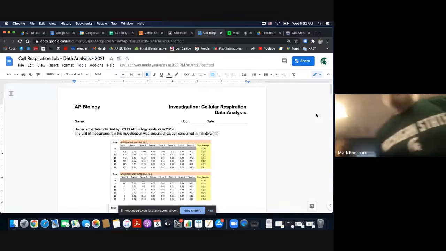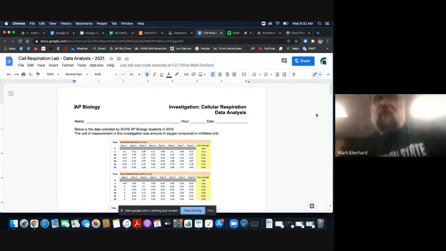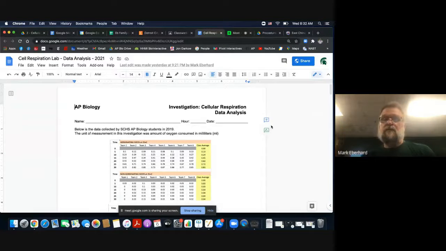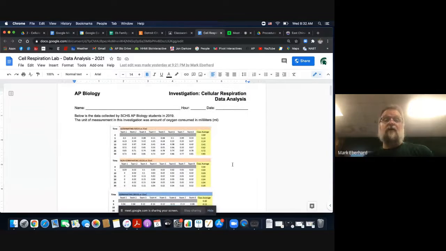All right, so what you're seeing right here, as it says, is below is the data collected by SCHS AP biology students in 2019. Again, last year we did the course in a slightly different sequence, and we were out of school by the time we got to this lab.